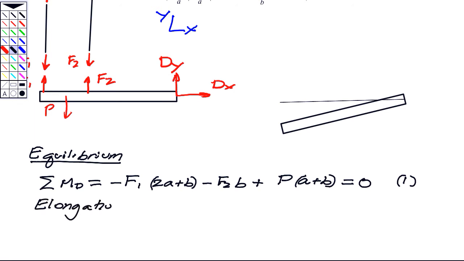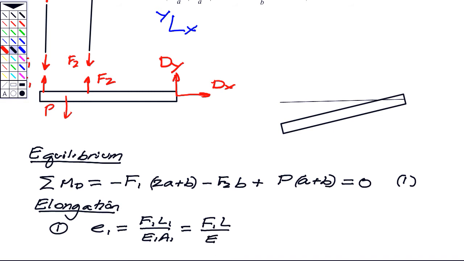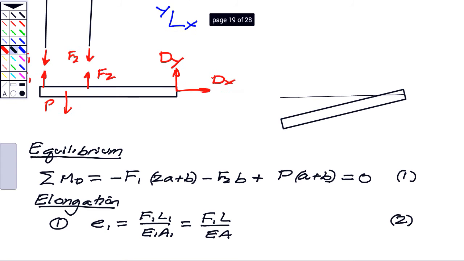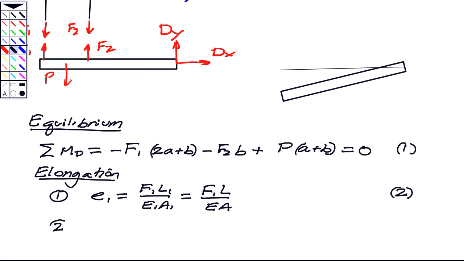So for segment 1, or rod 1, we would have e1 equal to F1 L1 divided by E1 A1. So this becomes simply F1 L over EA. Rod 1 has a length of what we're calling L. And for rod 2, the elongation equation, the standard form, would be e2 equals F2 L2 divided by E2 A2.